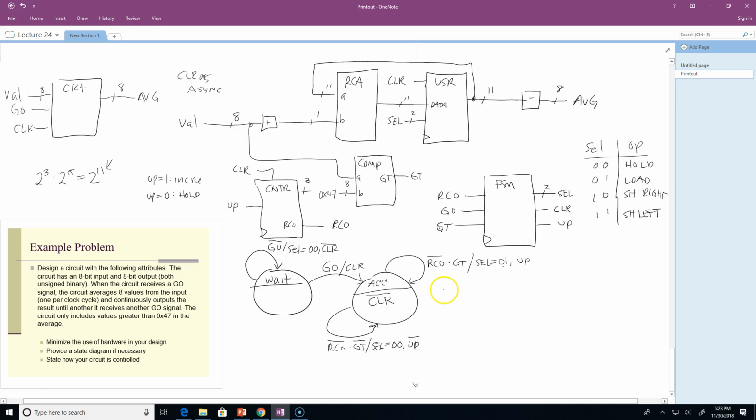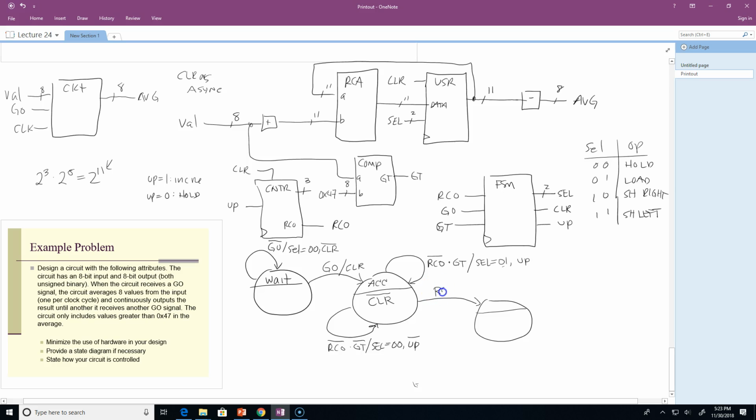I need 2 more arrows, so I'm going to draw one right here, a little bit lower. This is the case where I'm done.